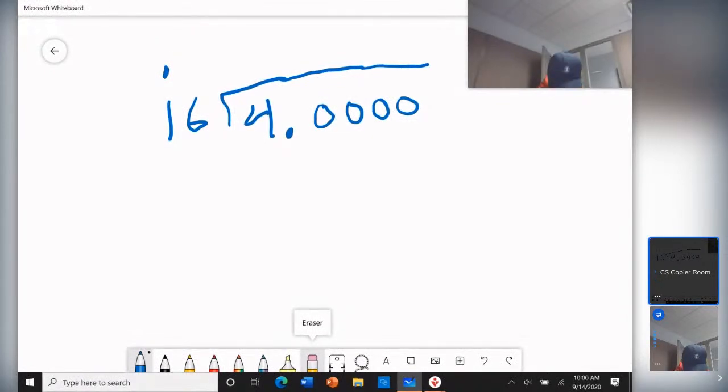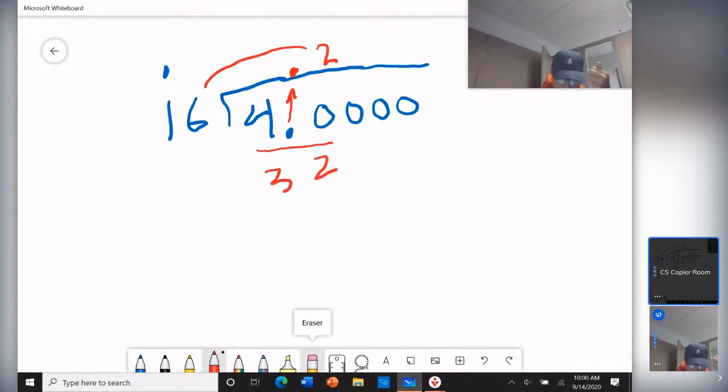And remember, once again, the first thing you want to do is move this decimal up there. Okay, so we know 16 doesn't go into 4, but does 16 go into 40? Yes, it does. It goes 2 times. And if we do 2 times 16, we're going to get 32. And we're going to bring the 0 down.